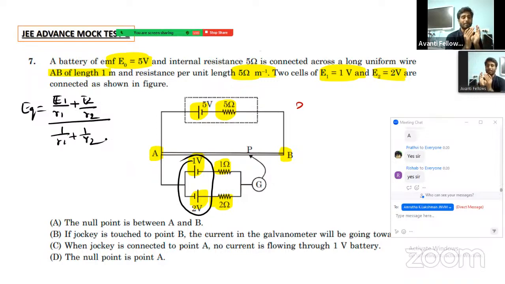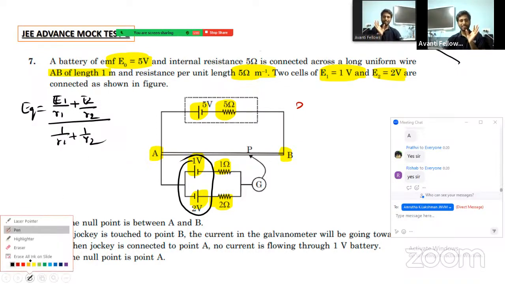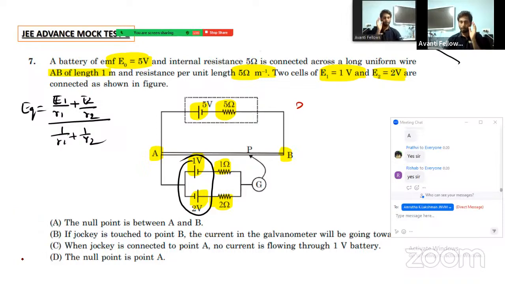Okay, this is the formula to find out the equivalent EMF for a parallel combination of batteries. ठीक है ना? Now देखो, this is when दोनों बैटरी का टर्मिनल सेम साइड होगा, but observe this figure, दोनों बैटरी का टर्मिनल ऑपोजिट में. So we need to write a negative here.